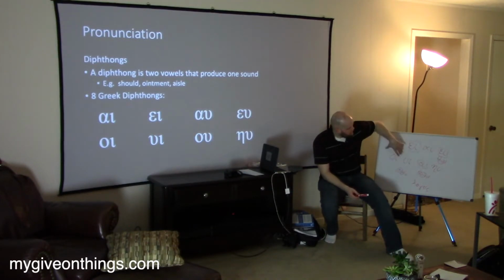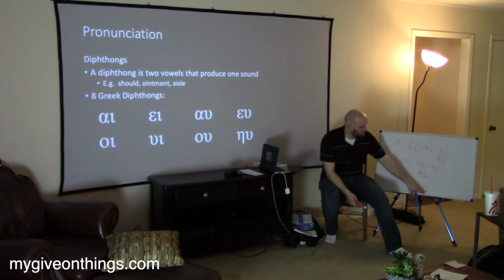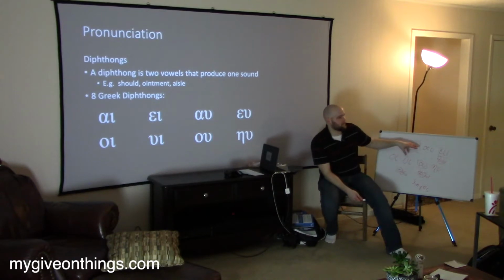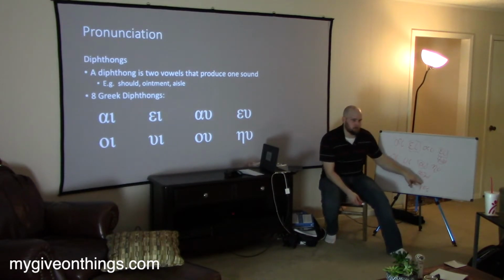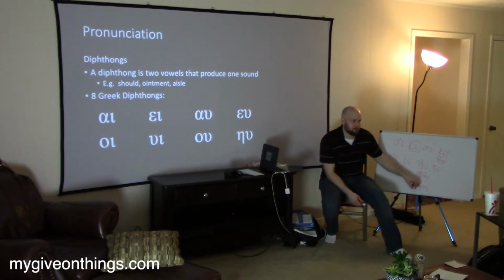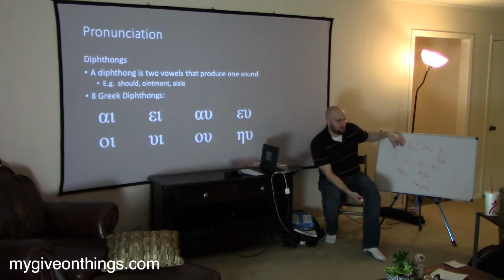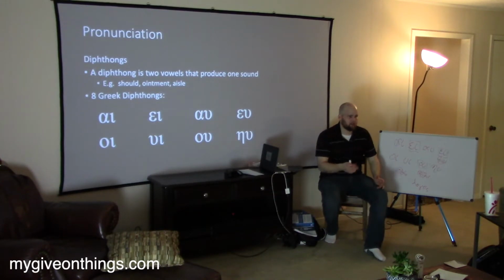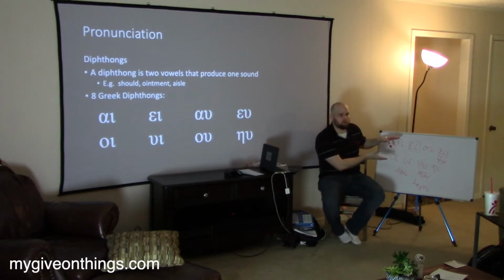So diphthongs sometimes run up against one of these letter changes that is trying to communicate a different meaning, and you gotta recognize that it's a diphthong that's interacting with the change in spelling, not just a single vowel. That kind of makes sense? You kind of have to treat diphthongs as if they're a single vowel unit when you're dealing with changes in spelling. That's the only reason that we actually even bring this to your attention.